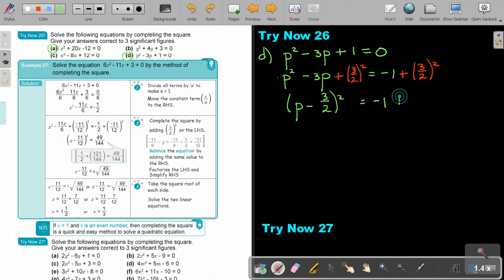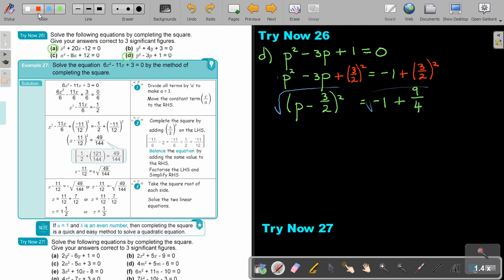Okay, and now you can just simplify by say 3 times 3 is 9, 2 times 2 is 4. Okay, and now I take the square root and I take the square root. And if I take the square root, I can actually simplify this further first.